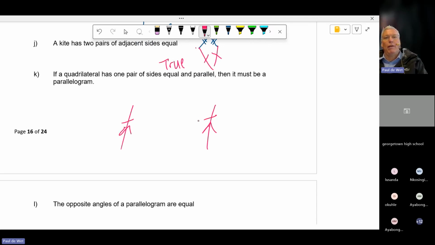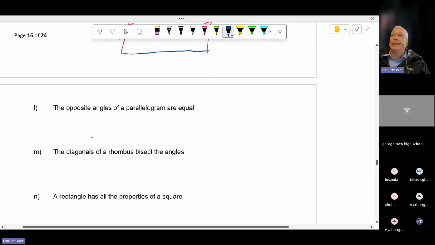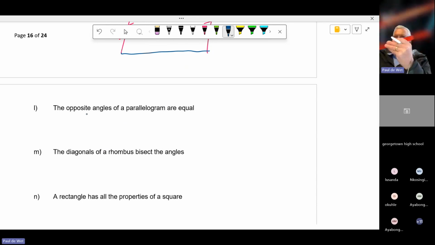So that's equal and parallel. It must be a parallelogram. True. Right? The opposite angles, picture the parallelogram. The opposite angles of a parallelogram are equal. True or false? They are equal. True.